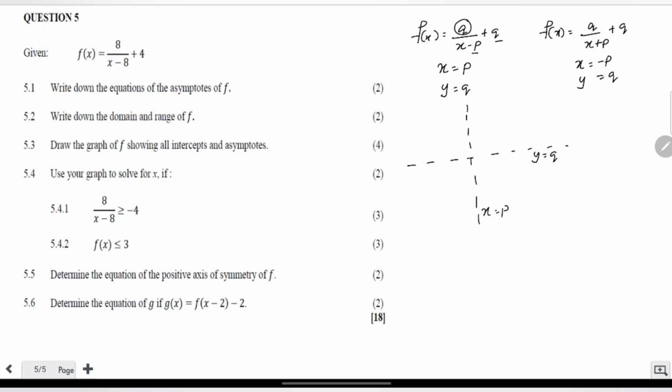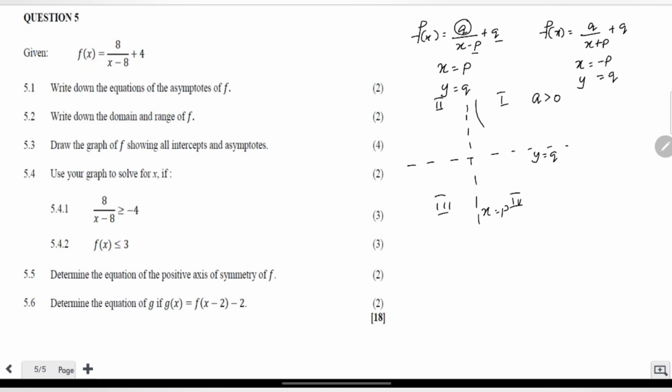Looking at the asymptotes, you have to check the quadrant. We can see first quadrant, second quadrant, third quadrant, and fourth quadrant. Remember, when it comes to hyperbola, these quadrants we decide based on asymptotes, not the x-axis and y-axis. If a is positive, a is greater than 0, you will have two parts.